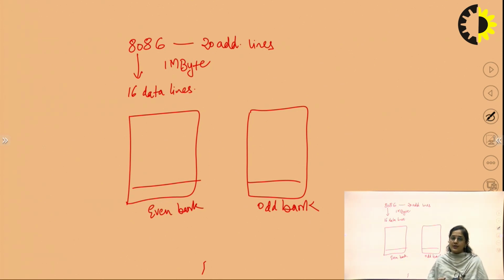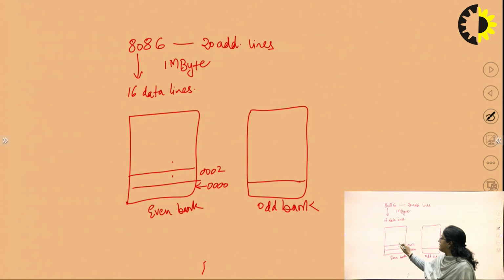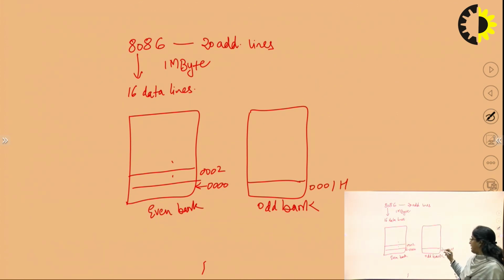If the 8086 requires only 8 bits of data, then it will read the data from the even bank. The address for this even bank will be even, that is 000, the next address will be 002, like this. In case of the odd bank, the first address will be 001, like this.